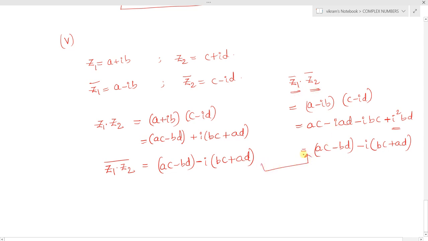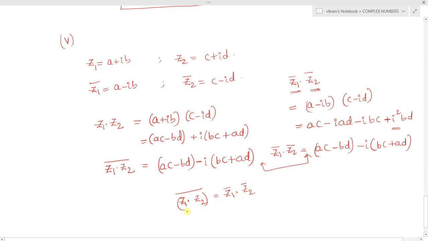Now these two are equal, so this is nothing but z1 conjugate into z2 conjugate. From this we can write (z1 into z2) whole conjugate equals z1 conjugate into z2 conjugate. The conjugate of the product of two complex numbers is equal to the product of the individual complex numbers' conjugates.